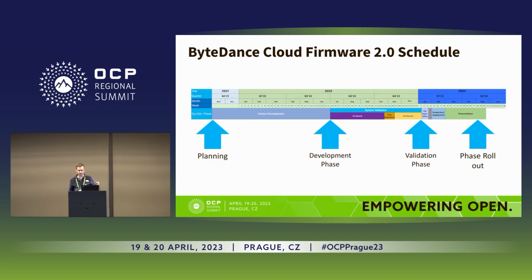Mid-2022, when the heavy lifting was basically done, they switched into a validation phase where they did a very extensive validation on the whole firmware stack, to see if it really is on par with the traditional solution they had. As you can see, they did two rounds with a couple of adjustments throughout, and now they're in the phased rollout where they're really deploying Cloud Firmware 2.0 in their infrastructure.